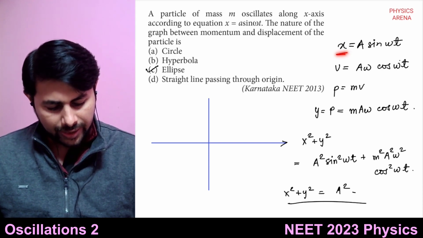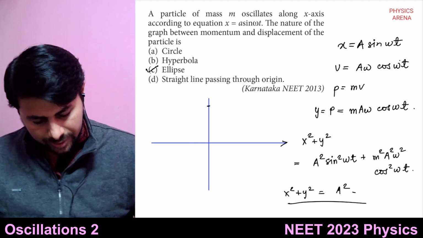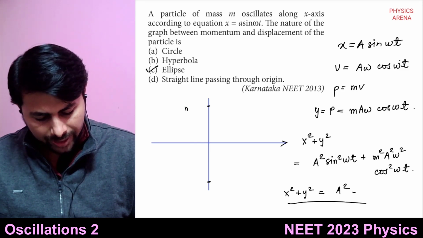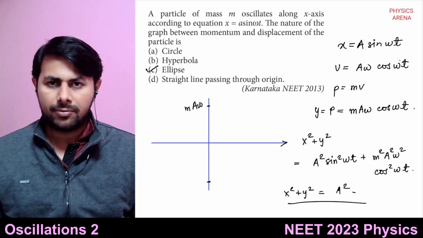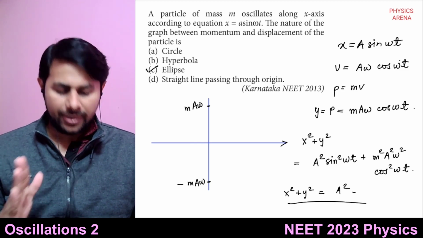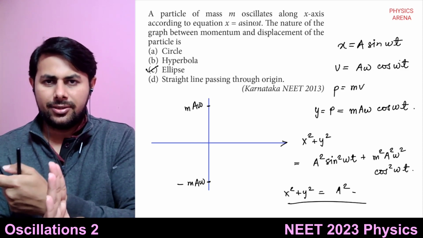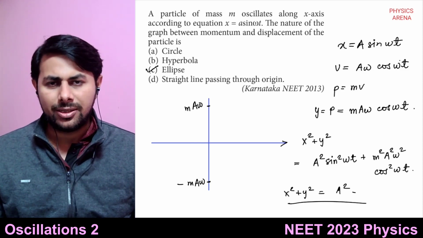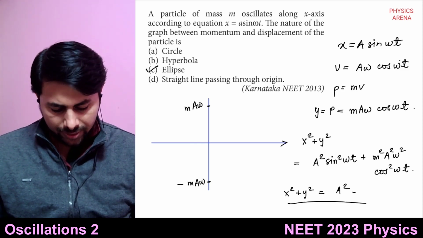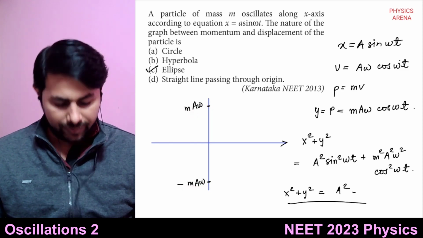Okay, when x is 0, it is either plus ma omega or minus ma omega. What will this mean? At mean position, particle can be moving like this or like this. The magnitude of velocity will be same, right? So when x is 0, the momentum is ma omega or minus ma omega.